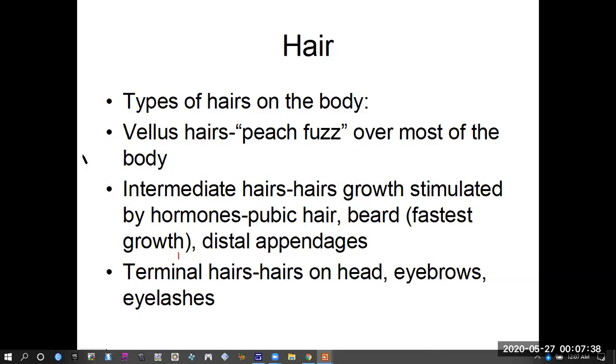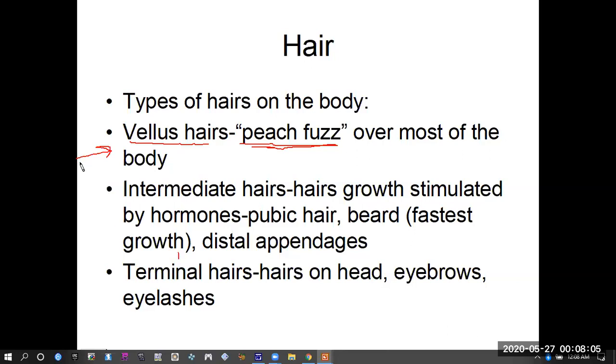And we'll discuss here, starting with a very common type known as vellus hair. Vellus hairs have just a very short limit to their growth and very little pigmentation. So you see the description here: it's peach fuzz. And again, potentially this can grow over almost all of the skin surface.